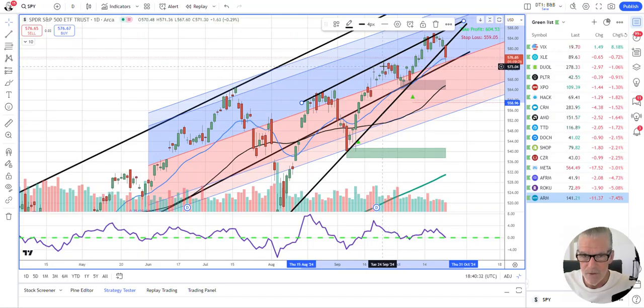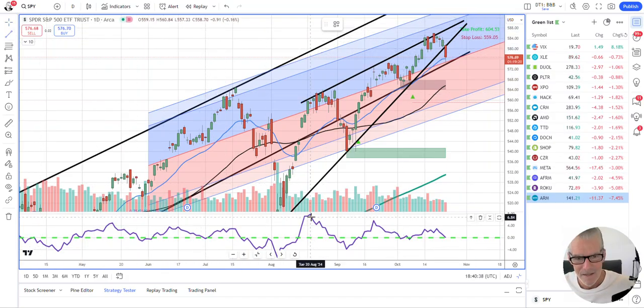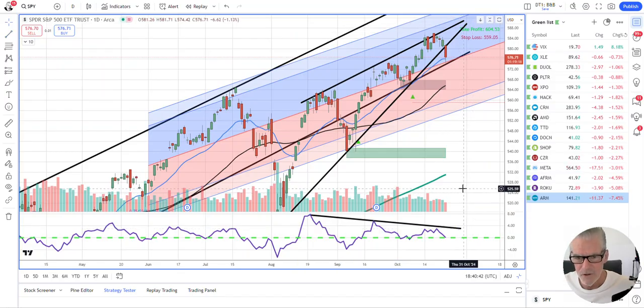Could you have known that that was going to stop there and again over here? In a sense, yes, by looking at this divergence. The rate of change indicator, that's what ROC stands for, is a momentum indicator: how fast the market is going up or down relative to a range of advances or declines.